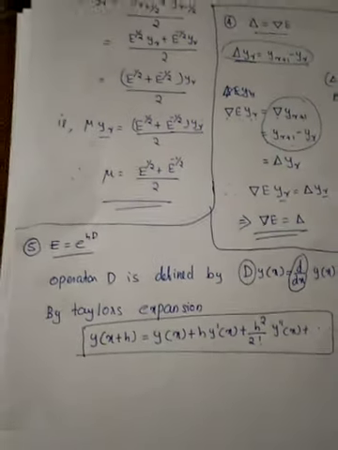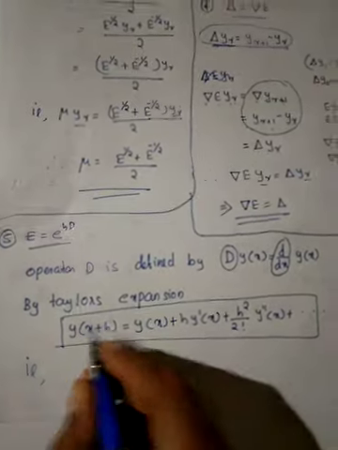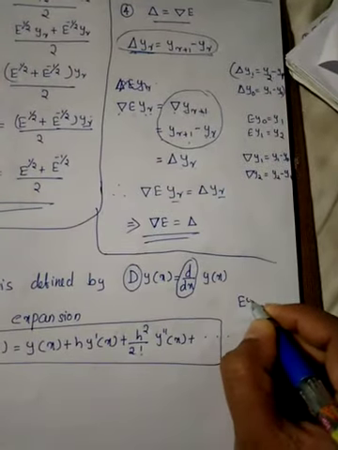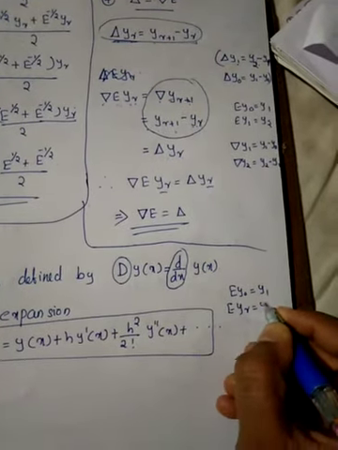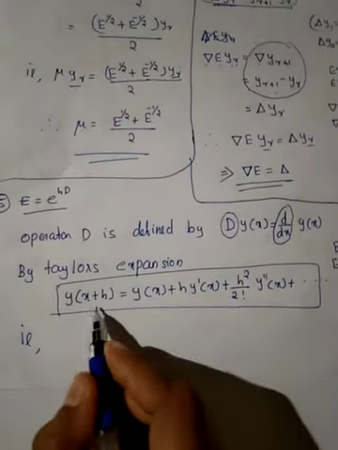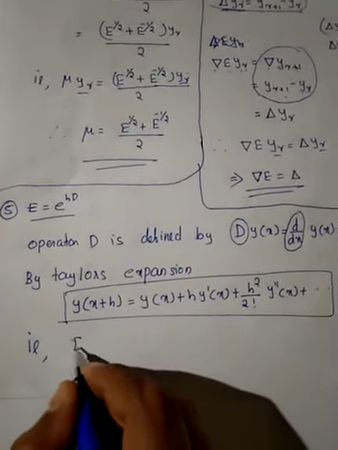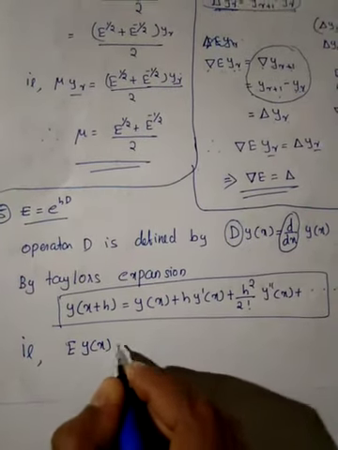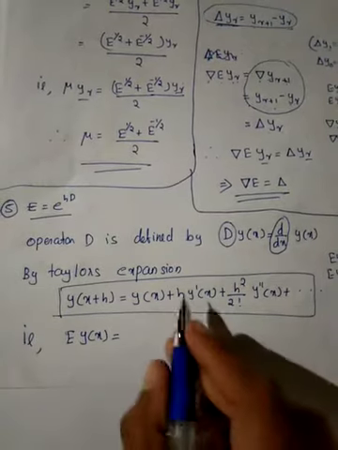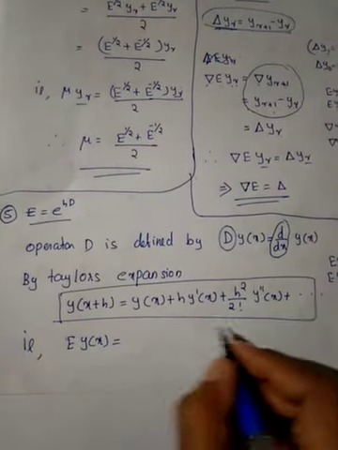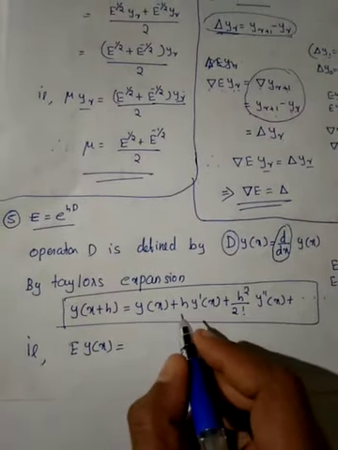That is, we have Ey0 equal to y1 and Eyr equal to yr+1. So y(x+h) can be written as Ey(x).